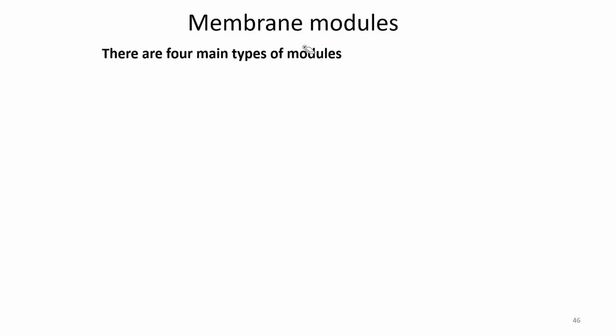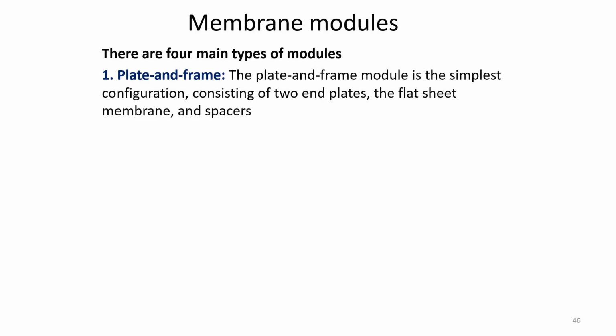There are typically 4 main types of molds. One is the plate and frame type mold. The plate and frame type mold is the simplest configuration. It consists of 2 end plates, where the membranes are placed in flat mode.